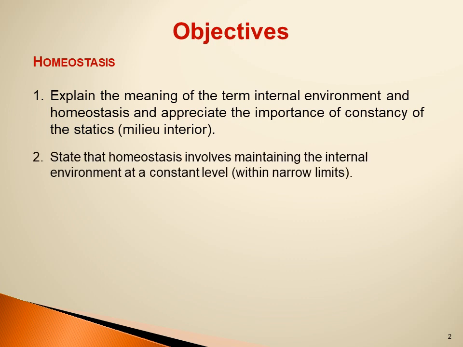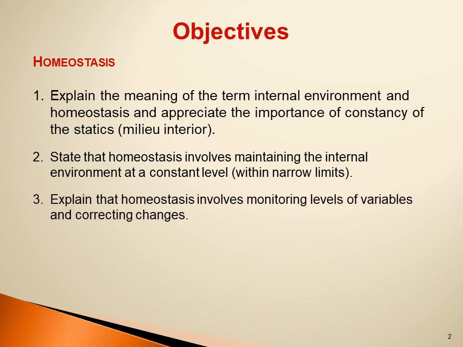The second objective is to state that homeostasis involves maintaining the internal environment at a constant level within a very narrow limit that is compatible with life. The third objective is to explain that homeostasis involves monitoring levels of variables and correcting changes.